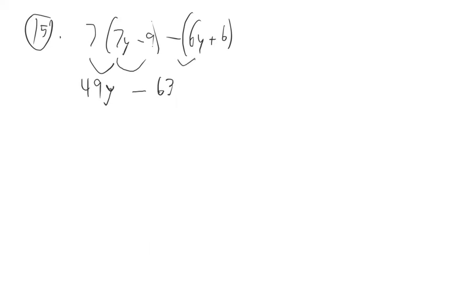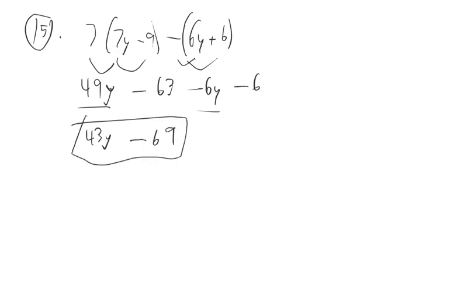Then distribute this negative 6y and negative 6. Combine together the like terms. 49y minus 6y is 43y. Negative 63 minus 6 is negative 69. So the answer is 43y minus 69.